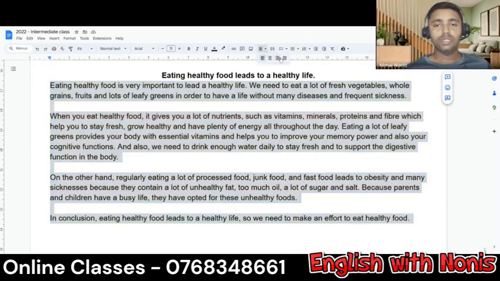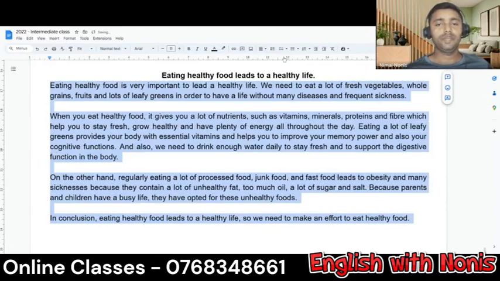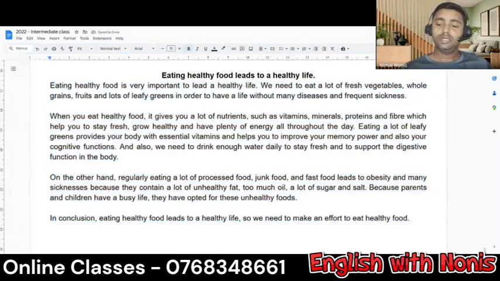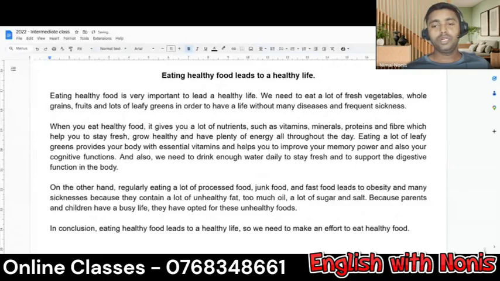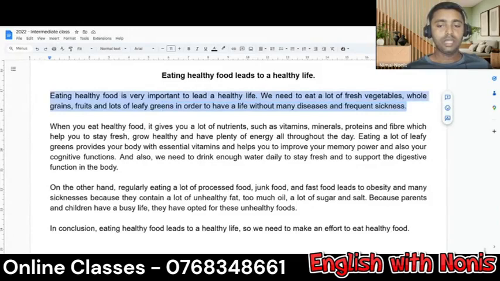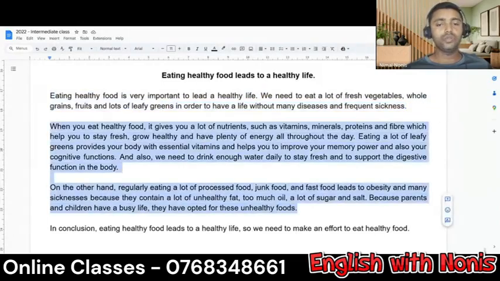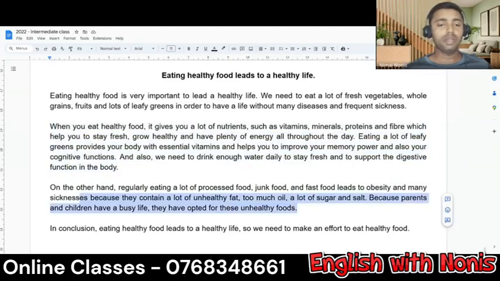Now we have written this particular essay, right? So when you are writing an essay for the school term test or for the O-level exam, you can write something like this. Always remember there should be an introductory paragraph. Then there can be two paragraphs which should include the description. One paragraph should talk about the positive side, and the other paragraph should talk about the negative side. Normally that's how we write essays.